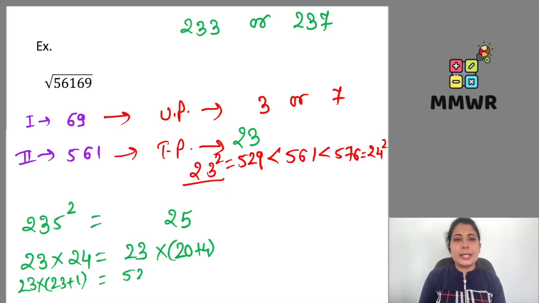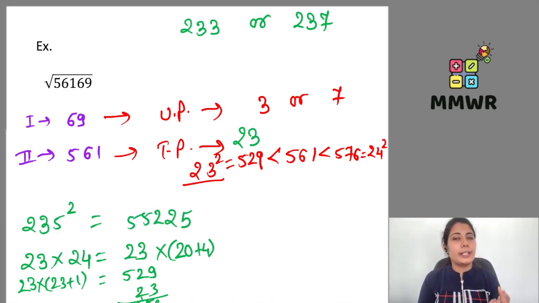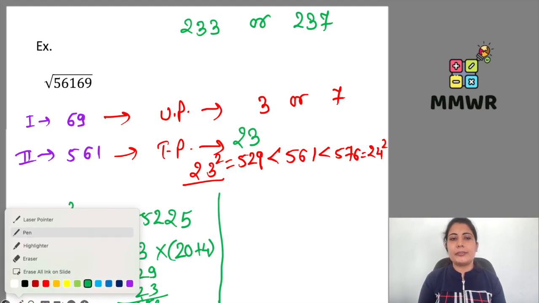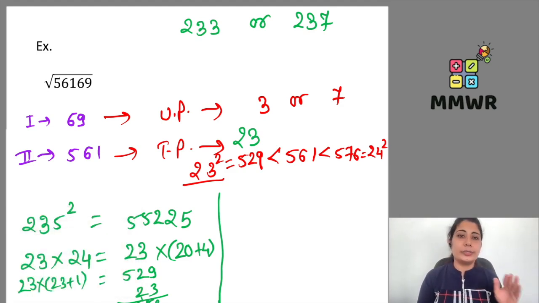So 529 plus 23 gives me 552. So the square of 235 is 55,225.